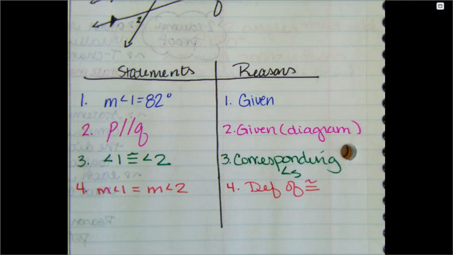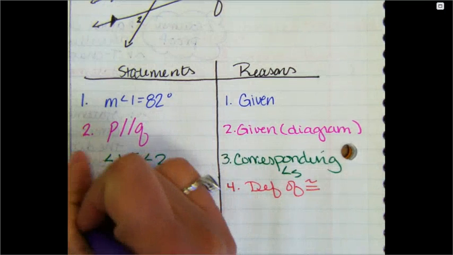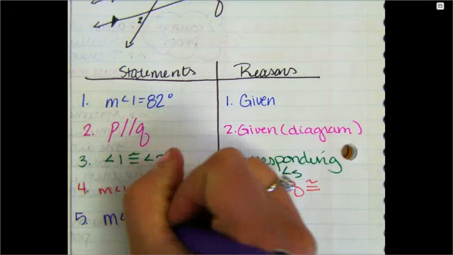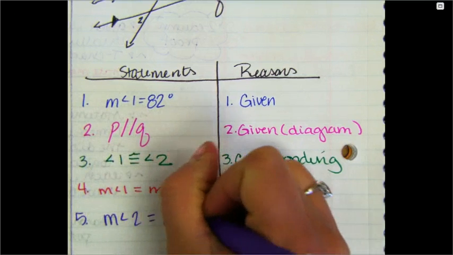So then I know that it's 82 degrees. So if I plug it in here, then guess what it says? Measurement of what? Angle 2 equals what? 82 degrees. Because, now I'm going to write it in the proper order, but I'll show you on the board. It's going to say the measure of angle 2 is equal to 82 degrees.